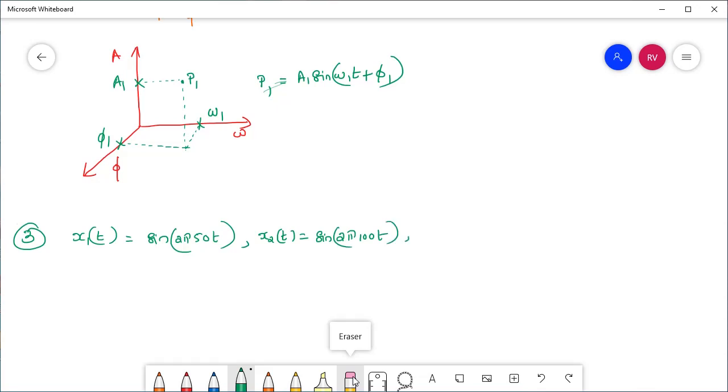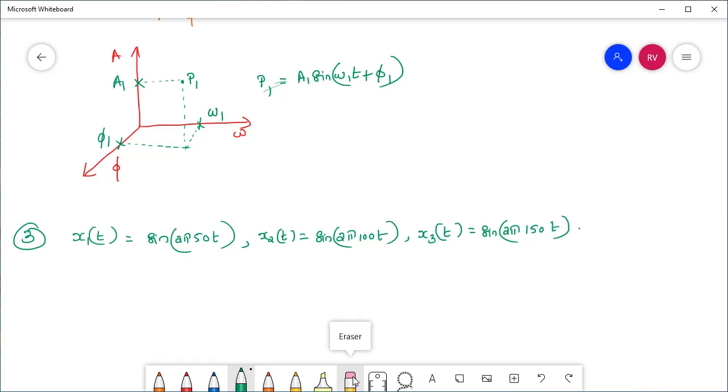And x3 of t is a sine wave with frequency 150 Hz. Okay, so these are the sine waves that I have.